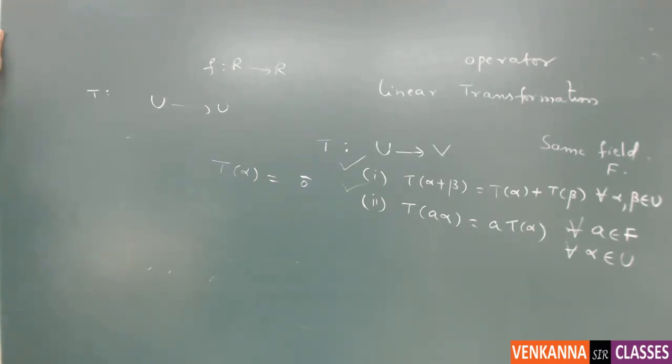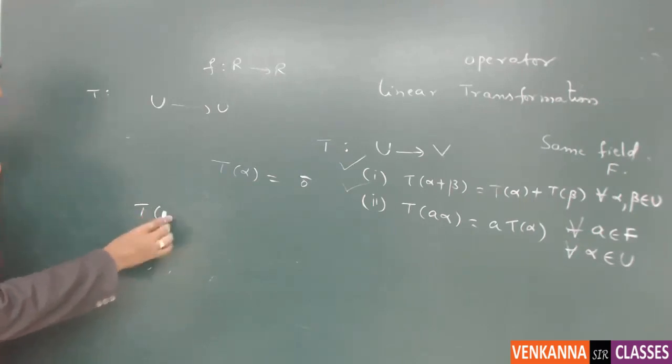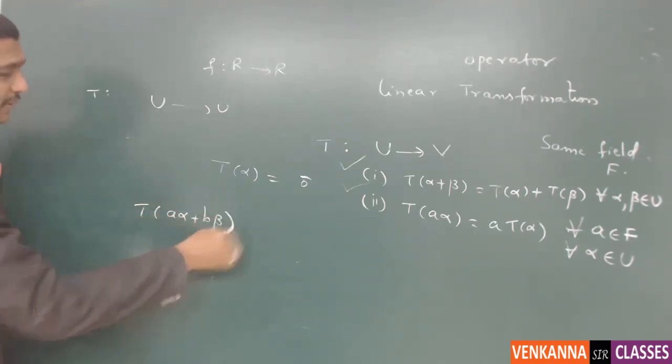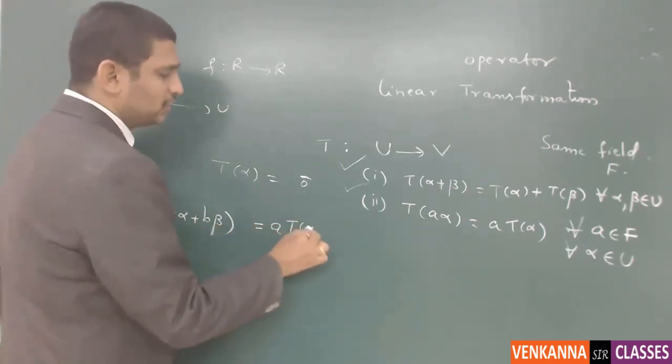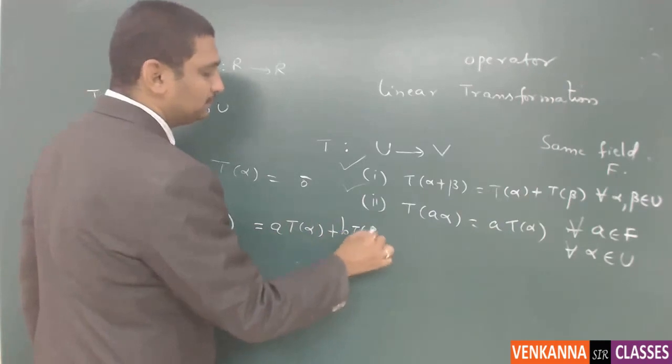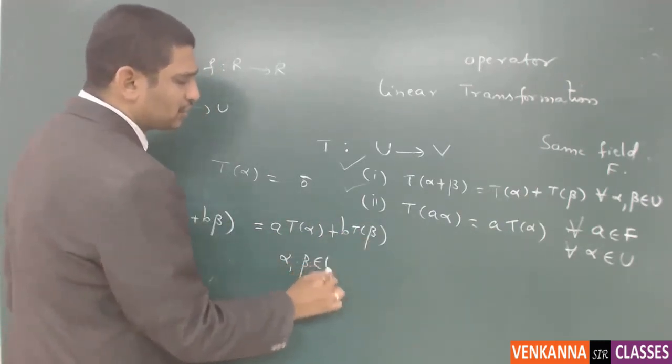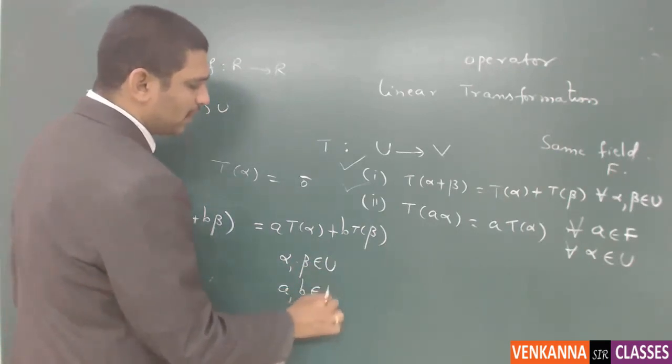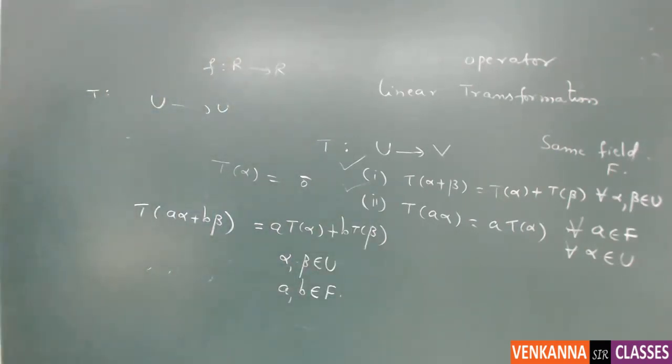Apart from this, there is a necessary and sufficient condition: instead of verifying two conditions, we simply verify one condition, which is T of A alpha plus B beta equals A into T of alpha plus B into T of beta, for all vectors alpha, beta belongs to U, for all scalars A, B belongs to F. So with respect to the constraints of the problem, you can make use of either definition, either this condition or verifying the two conditions. Okay?